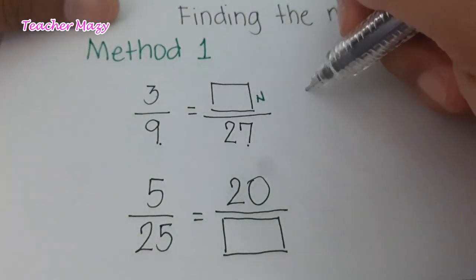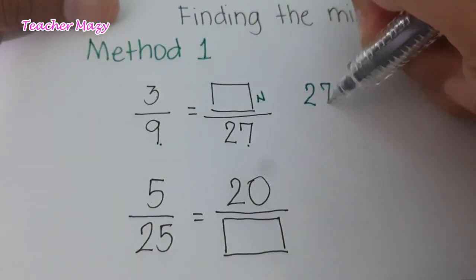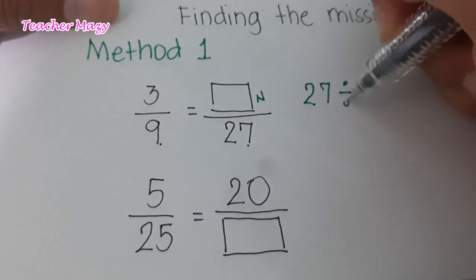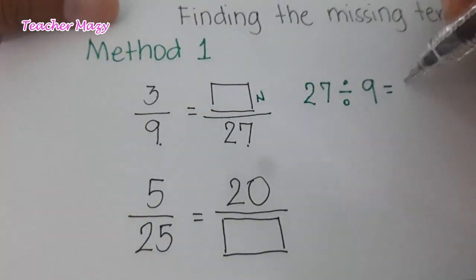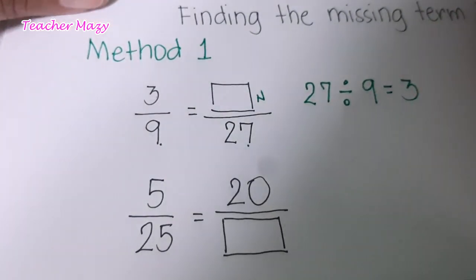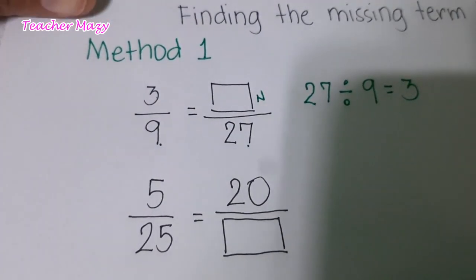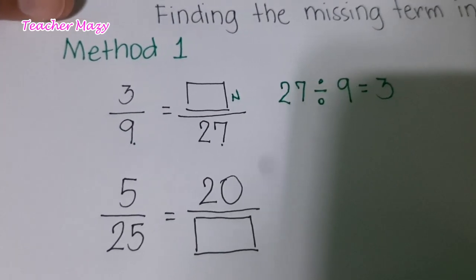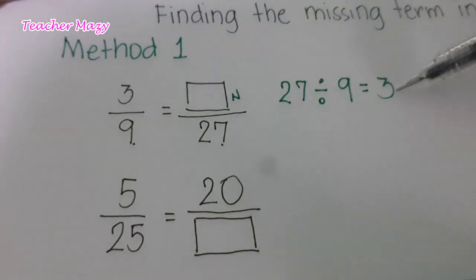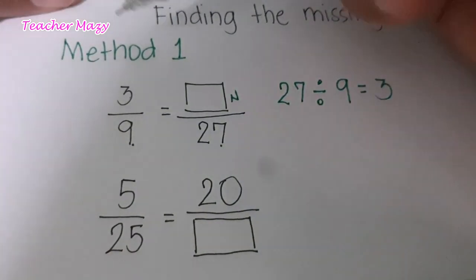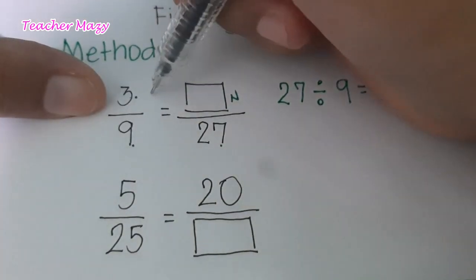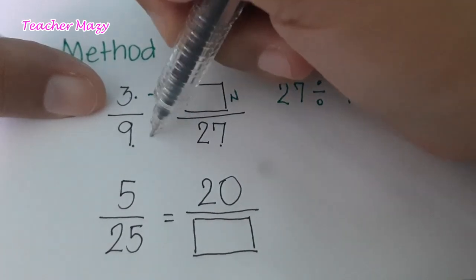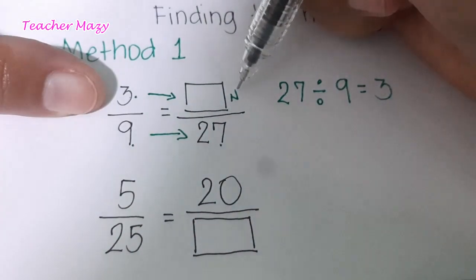So we have 27 divided by 9. That is equal to 3. And then we need to multiply the obtained quotient to this number, or the number horizontal to our missing term.